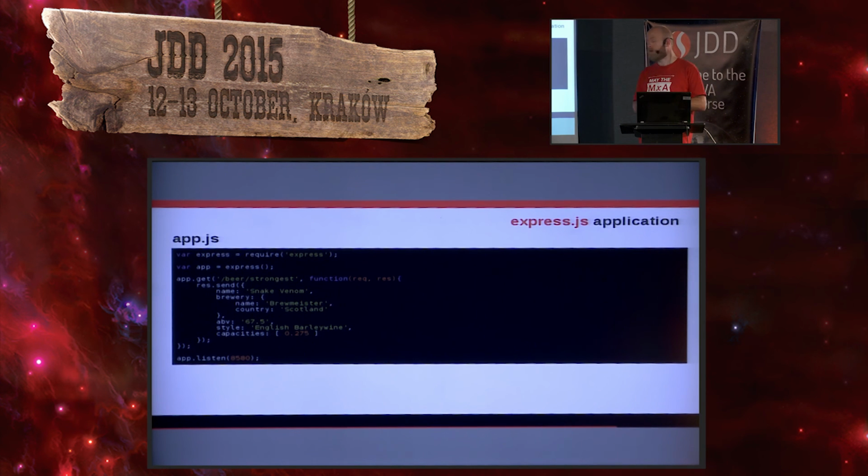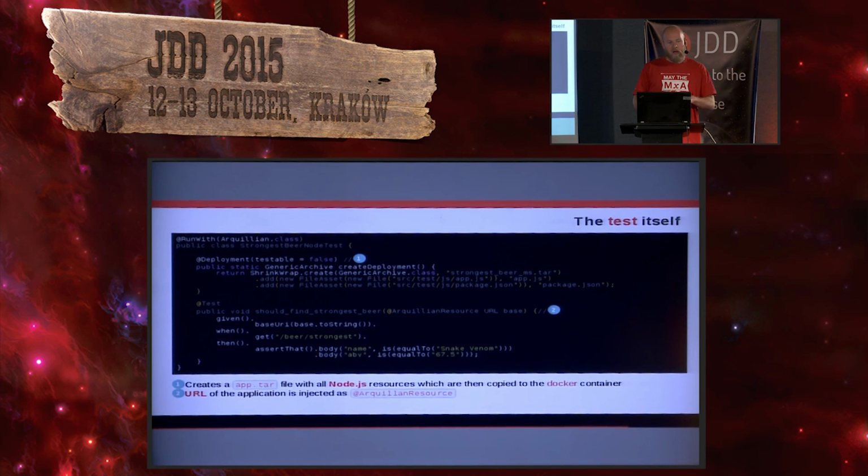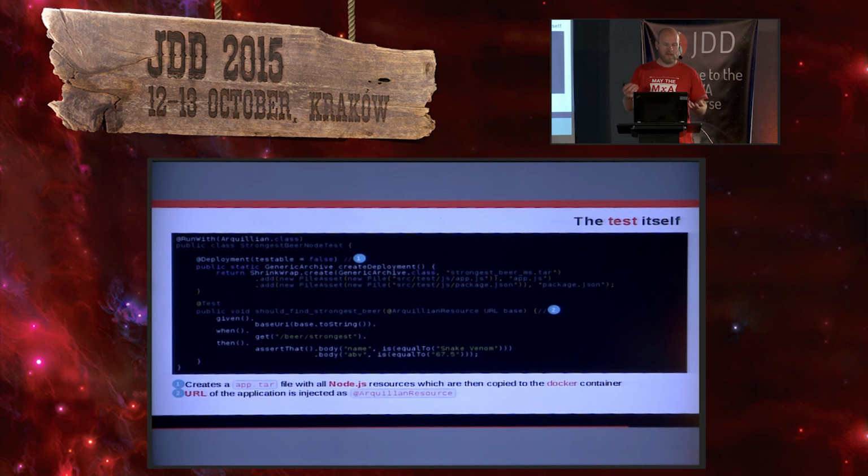JSON. Nothing fancy at all, and very simple. And then the test part of it. So it's still the deployment that you're creating. We're not going to test in container at this point, so this is testable false. We're just going to deploy it as is. We're creating a generic archive, which is a tar file, adding the package JSON and the app JavaScript file.